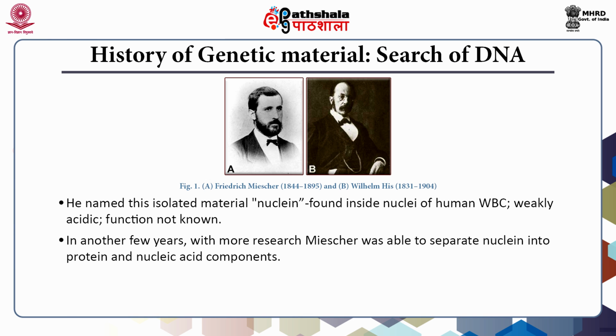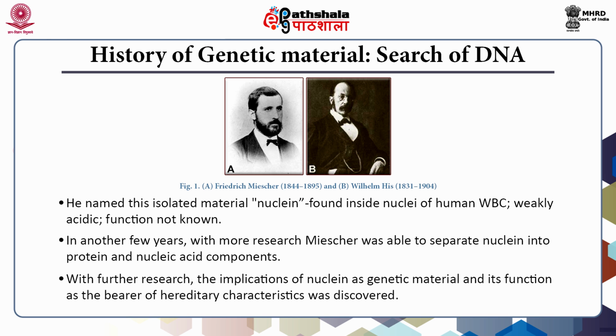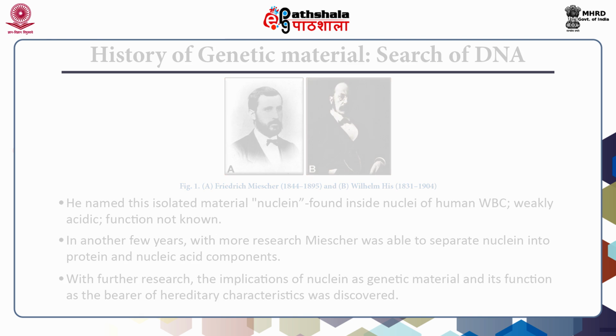In another few years, with more research, Mitra was able to separate nuclein into protein and nucleic acid components. Further research in the last half of the 20th century discovered the implication of nuclein as genetic material and its function as the bearer of hereditary characteristics.